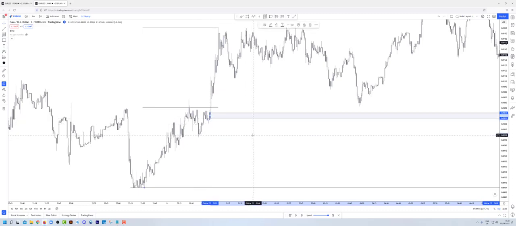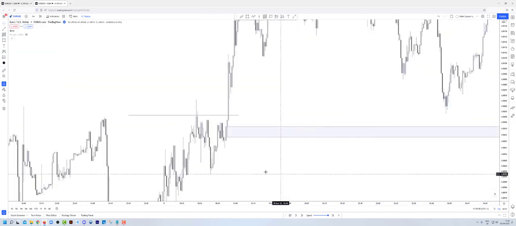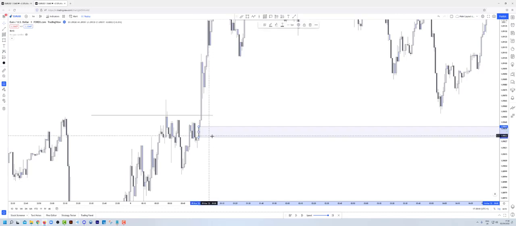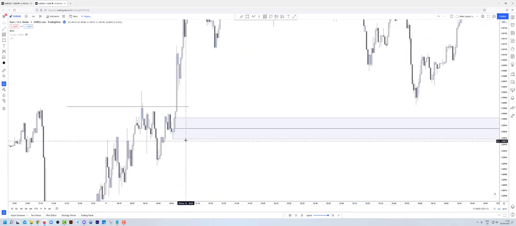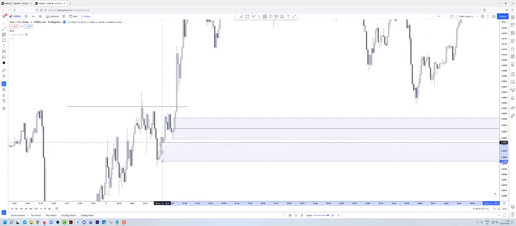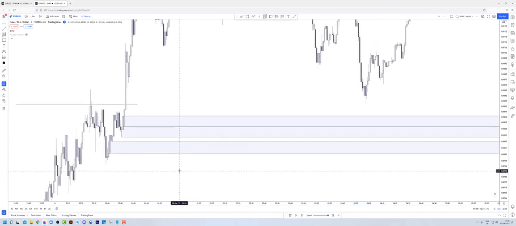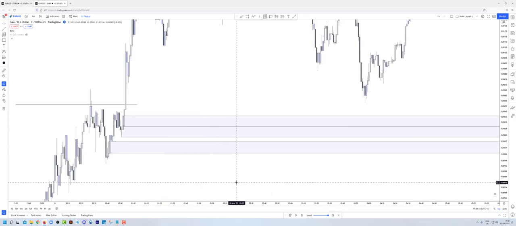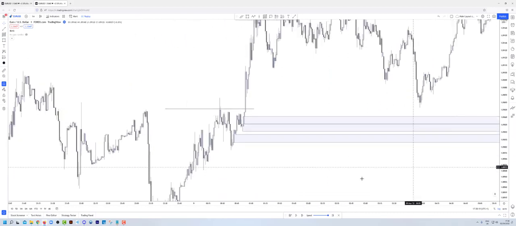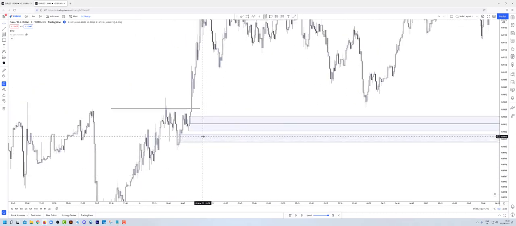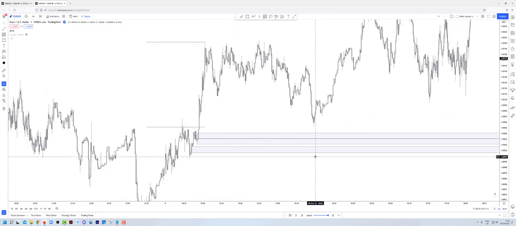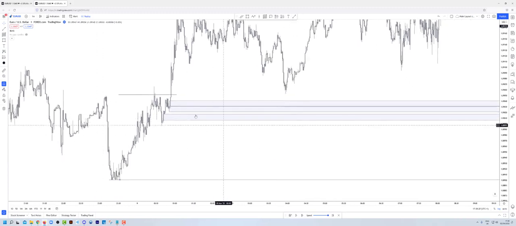This is a bit harder to pinpoint, but it's fine to mark out all these zones, see if they make any sense. So we have this, and then we also have this down the bottom. So yeah, we've ultimately refined a 4-hour zone down to 3 1 minute zones. Of course, price could come lower.